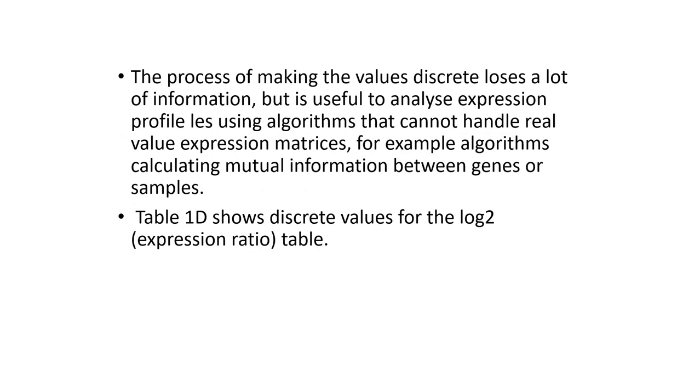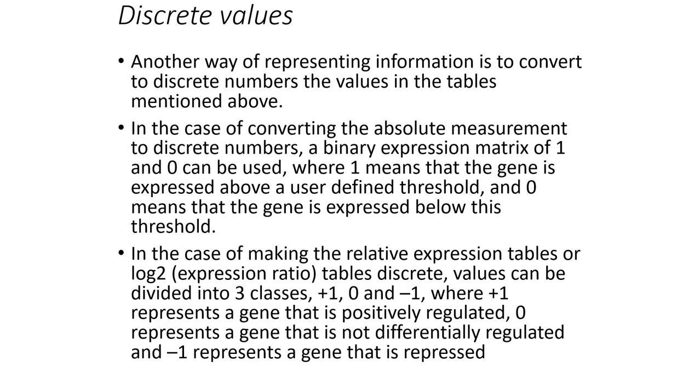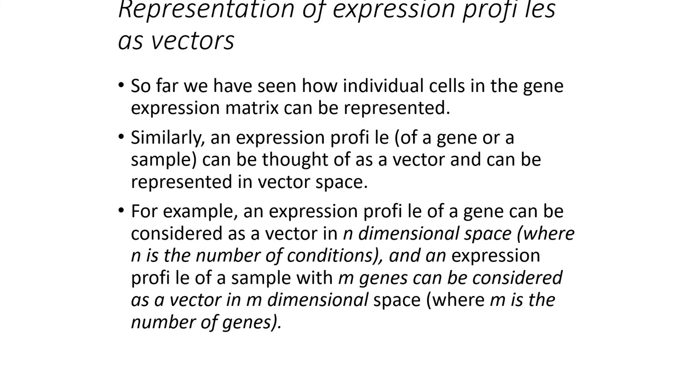Now you have understood what the expression profile is. The expression profile can be denoted by two vectors, row vector and column vector. After processing, gene expression data can be expressed in the form of an expression matrix, in which we have column vectors and row vectors.